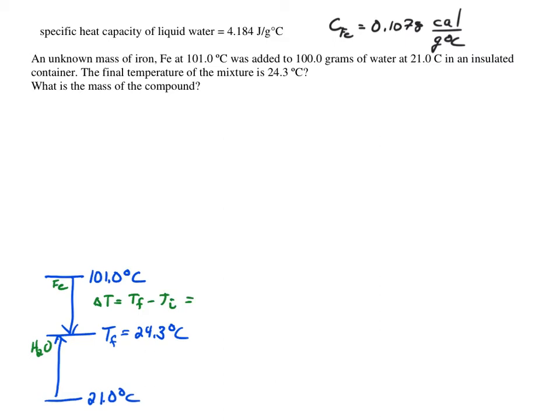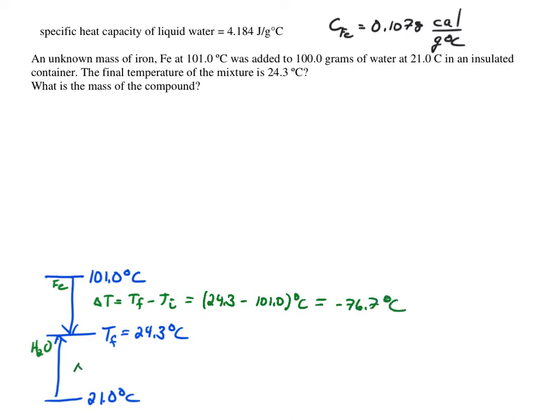Looking at iron first, we have the final temperature is 24.3 degrees C. The initial temperature is 101.0 degrees C. So the delta T for the iron is actually going to be a negative value. It's decreasing in temperature. And the value actually comes out to be minus 76.7 degrees C.